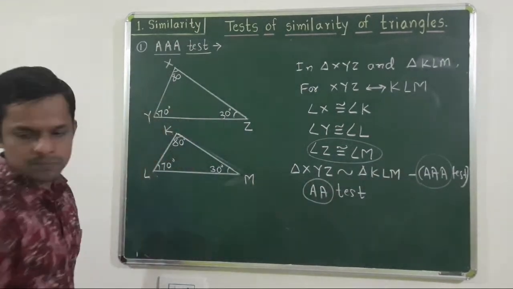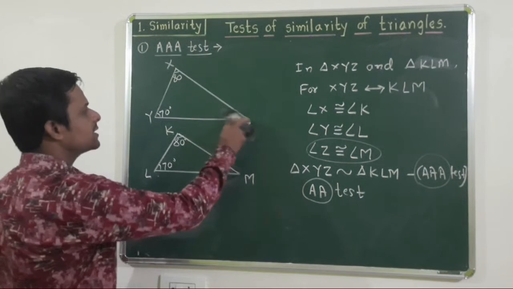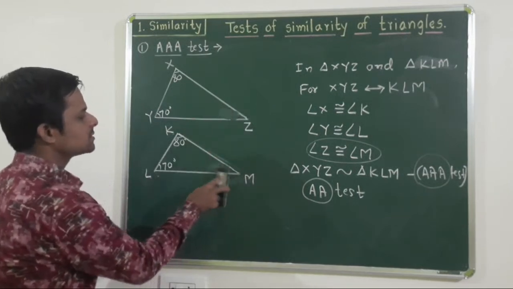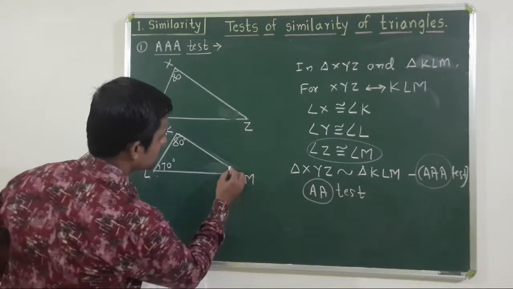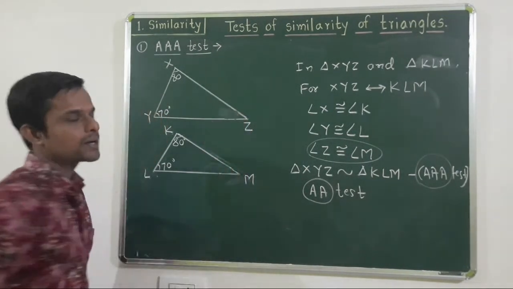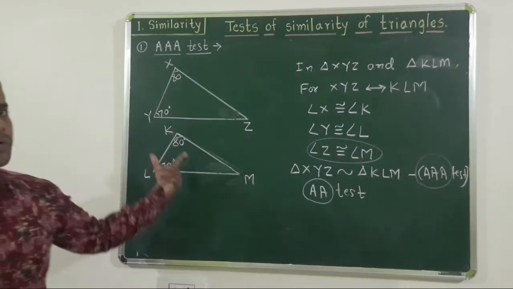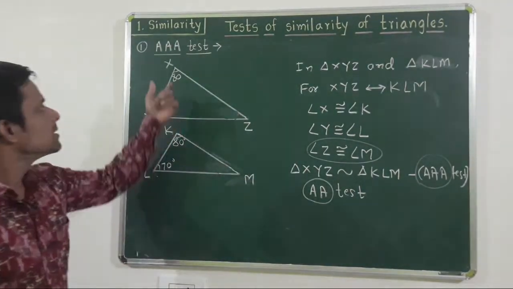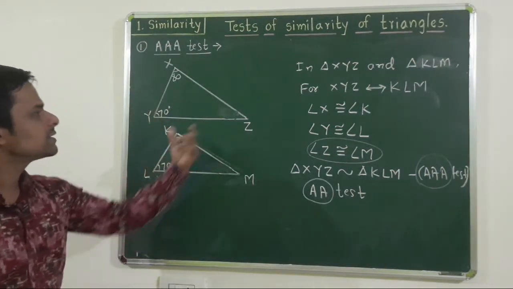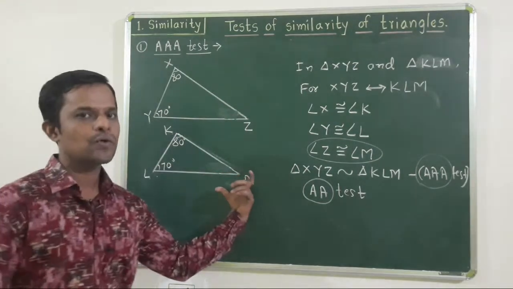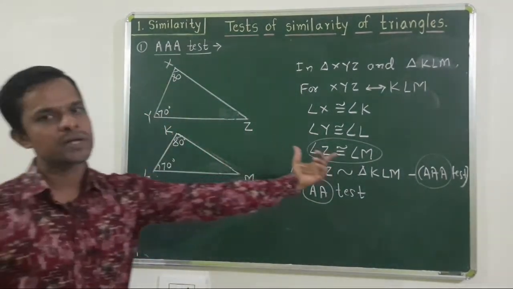Why is it so? Suppose the third angle is not given. Then also these two triangles are similar. Suppose Z and M are not given. Then can we prove these two triangles similar? Yes, since X is congruent to K, Y is congruent to L, then Z will obviously be congruent to M. Only two angles are enough to prove these two triangles similar.